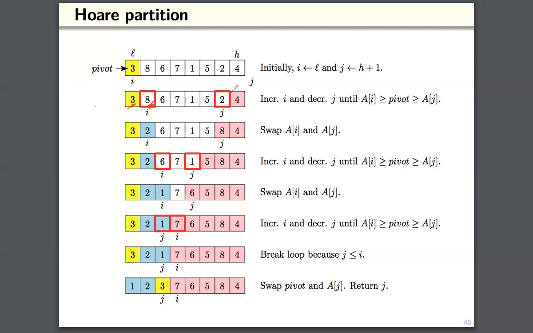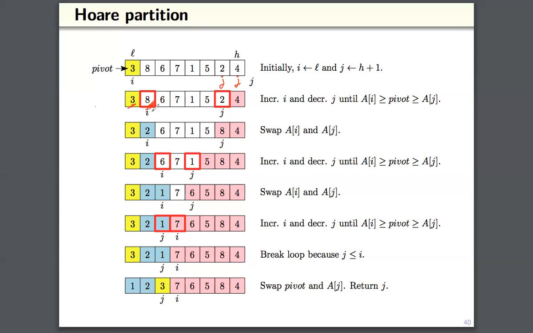So keep decrementing j. j becomes this. 4 is greater than 3, so decrement j again. 2 is less than 3. So you keep decrementing j until you see that A of j is less than pivot. Similarly, you keep incrementing i until A of i is greater than pivot.